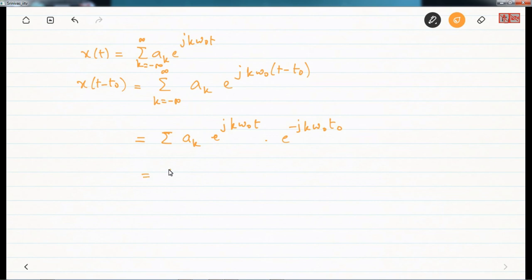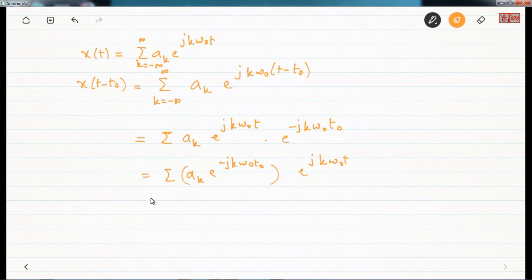So this I can simply write as ak into e power minus j k omega naught t naught times e power j k omega naught t.